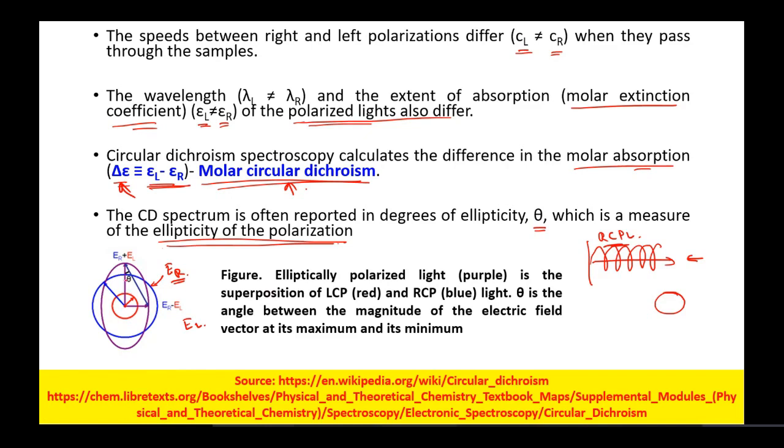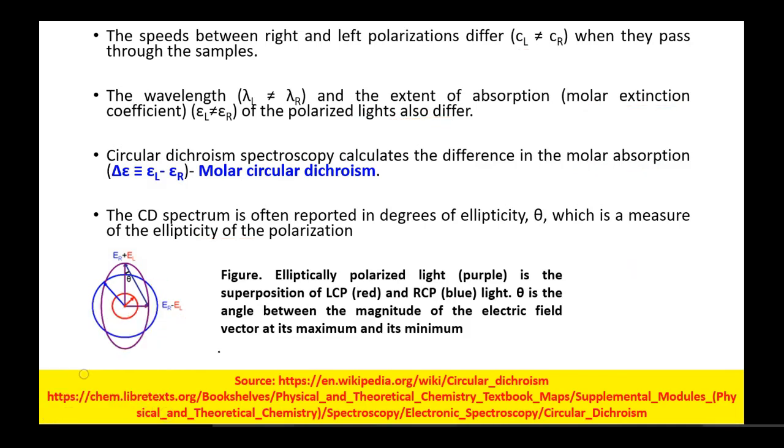Now, what are these? These are nothing but the electrical vectors. One is moving towards your right. So let me draw separately. The red one is the electric field of the left circularly polarized light, and the blue one is for the ER.